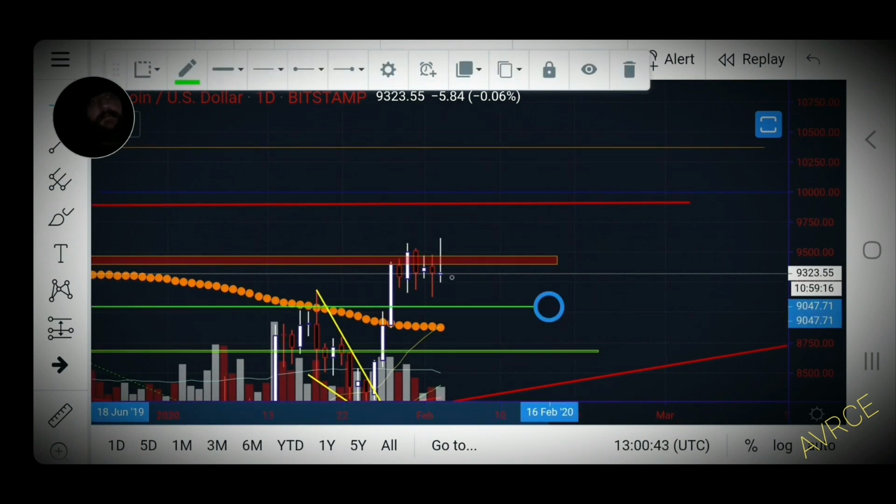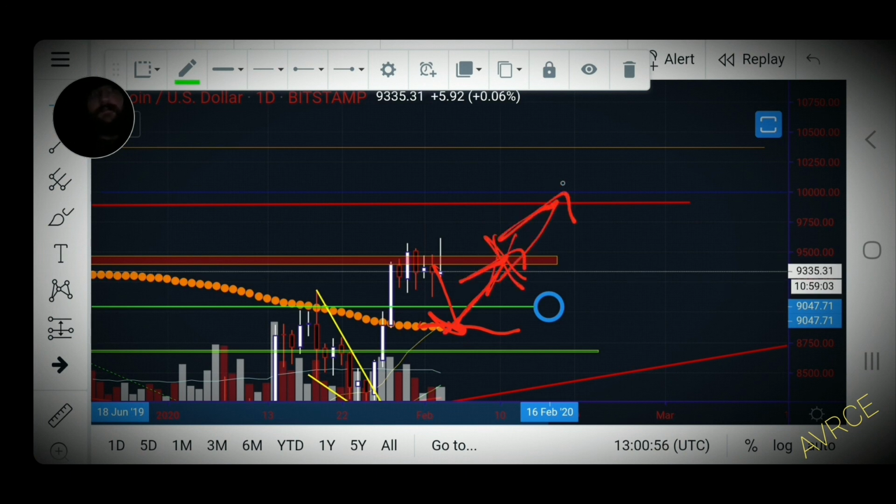if we drop, we will likely come to the 200 daily moving average again, and hopefully test this support, and then move back up, and then attack this resistance again, and maybe break it and come up to the 10K area and start attacking that. Of course, since this is a symmetrical broadening wedge, if it is one, it also has a chance of not breaking down.